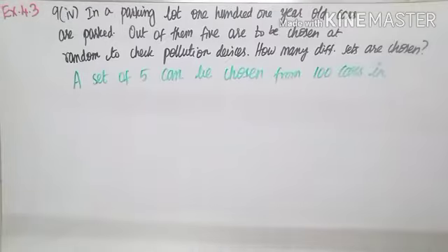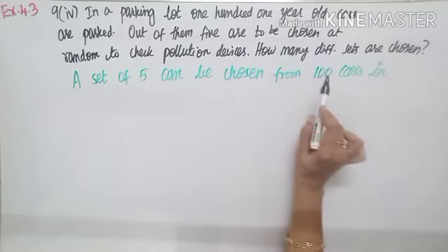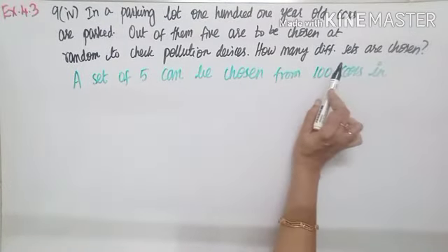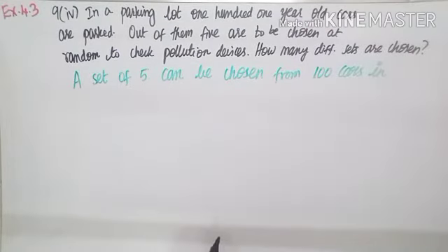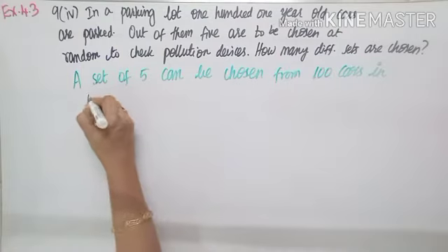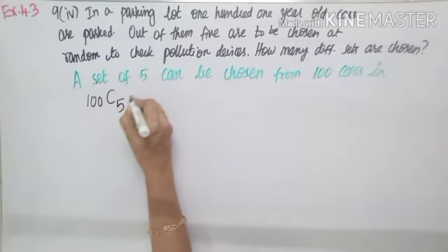Subsection 4. In a parking lot, 100 one-year-old cars are parked. Out of them, 5 are to be chosen at random to check for pollution devices. How many different sets of 5 cars can be chosen? How many cars are given? 100 cars. How many do we need? A set of 5 cars. How many ways can we do? 100C5 ways.